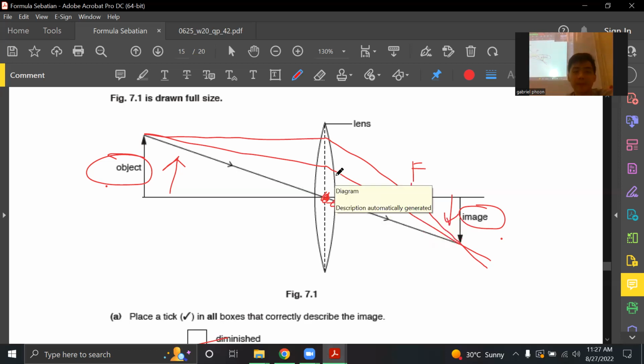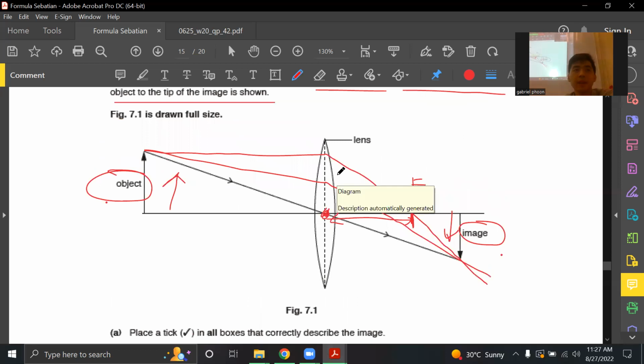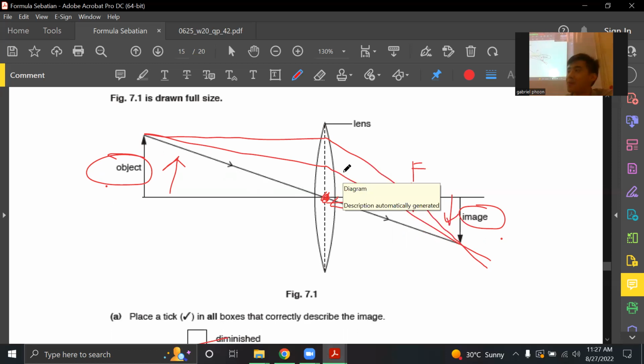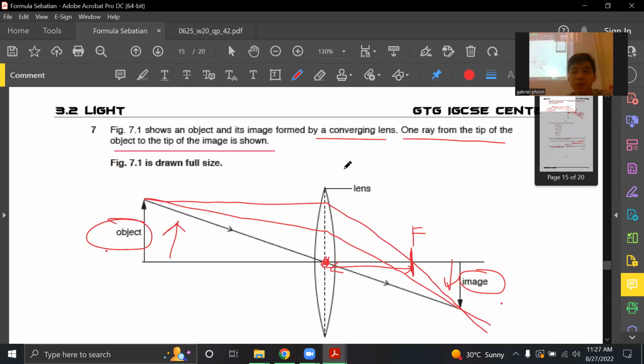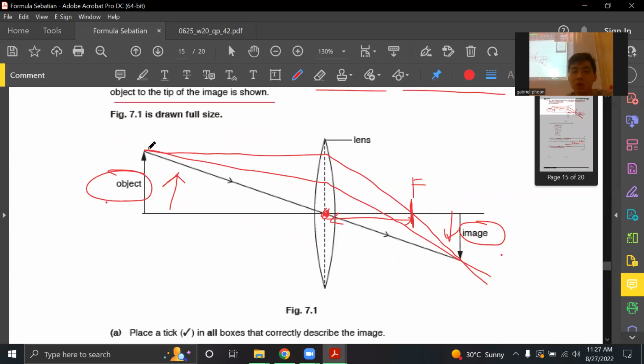Right. Then after that, next part here. Why are you drawing on the bottom, by the way? You're supposed to draw on the image. All right. Sorry, for those who are not done drawing, you're supposed to draw one straight line, hit the normal, and then refract it a little bit to the tip of the image, guys.